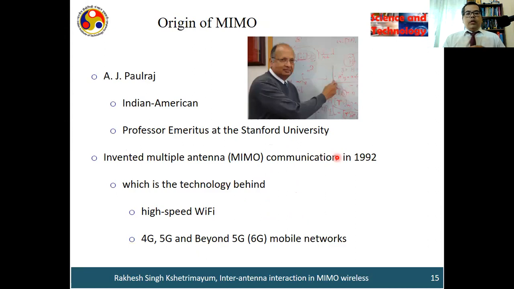MIMO wireless was invented by an Indian American, Professor Paul Ras from Stanford University, the originator of multiple antenna communication or MIMO wireless. He proposed this somewhere in 1992. And this is the technology behind high-speed Wi-Fi, 4G, 5G, and beyond 5G or 6G mobile networks.